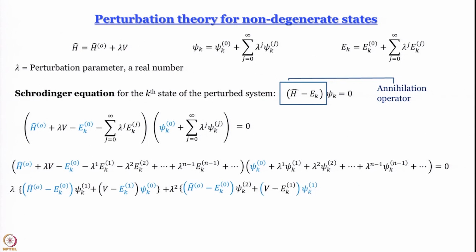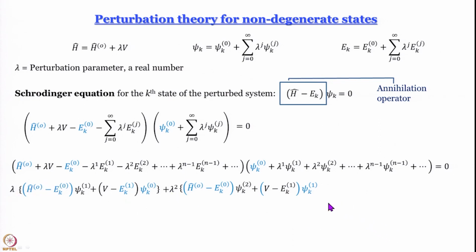So, the second term is v minus ek first operating upon psi k first. Once again you see the operator is the same in the second term as it was in the second term for the coefficient of lambda.